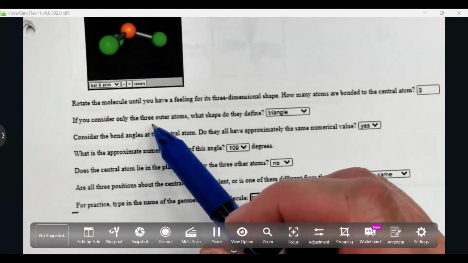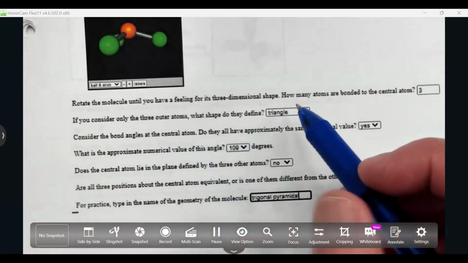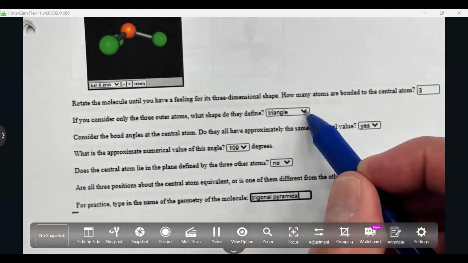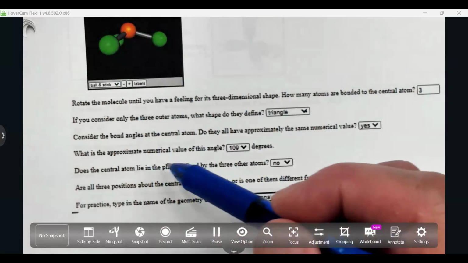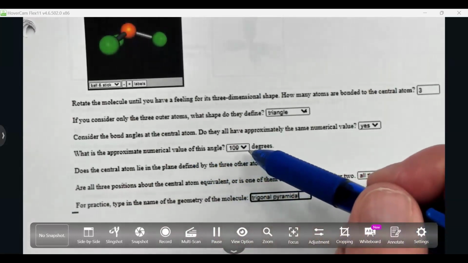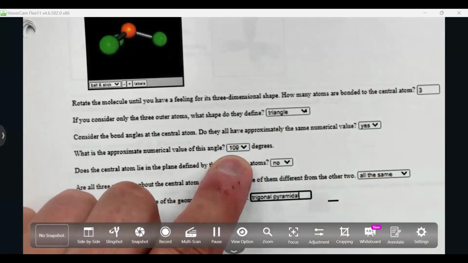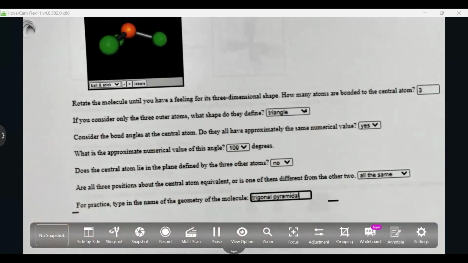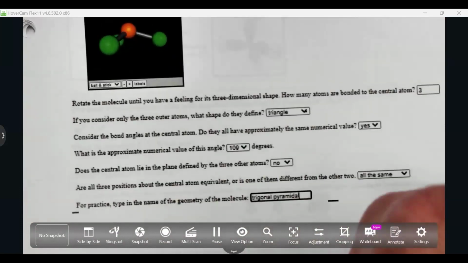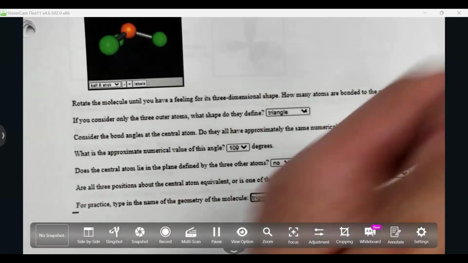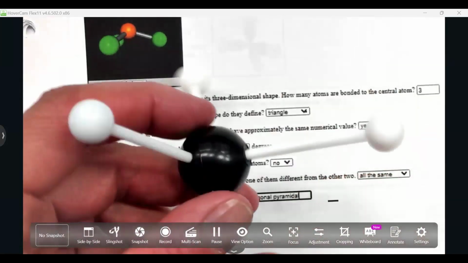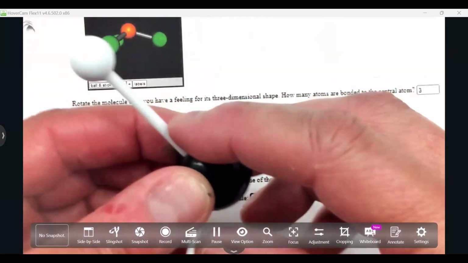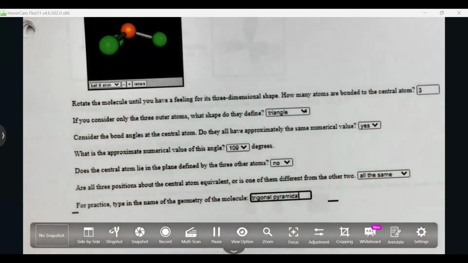If you consider only the 3 outer atoms, what shape do they define? Well, a triangle. What is the approximate numerical value of this angle? Well, it's 109.5 if they were all the same. And if I take one of these out, it actually goes down, but approximately 109.